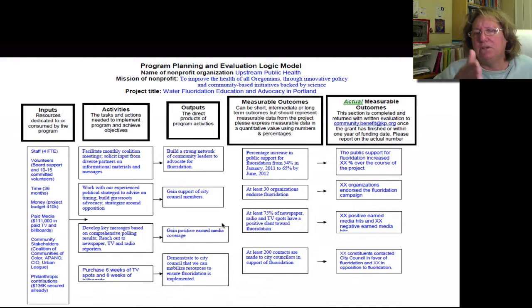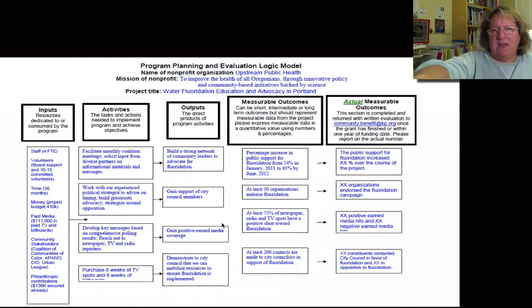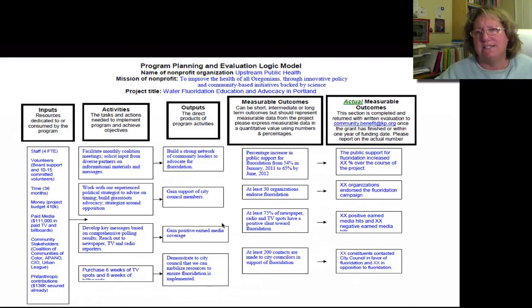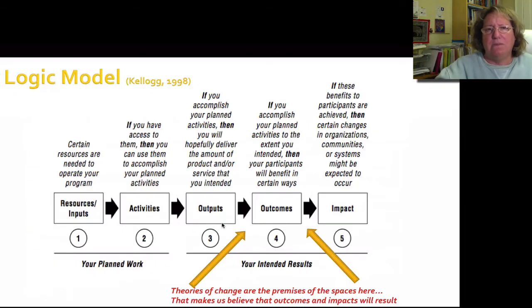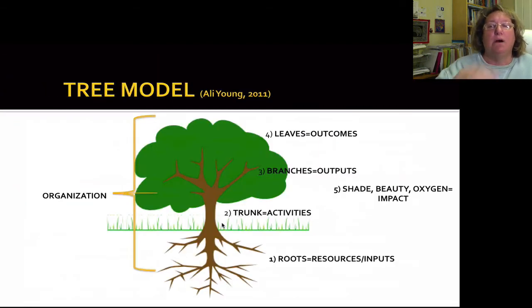And so what you really want to do is to say, and I'm actually going to go back because I realized that the headings for some of these, the last column actually says actual measurable outcomes as opposed to impacts. So I apologize for using this. So I'm going to go back to our tree model and say what you're really aiming to track are the activities, easy to do.